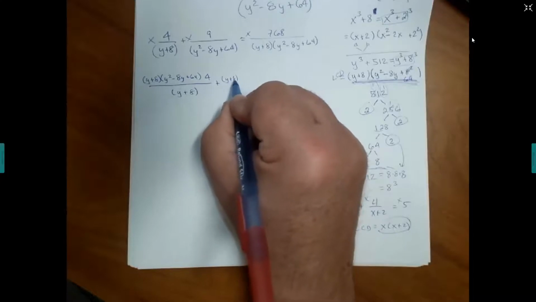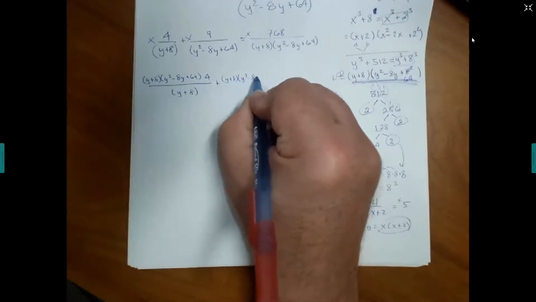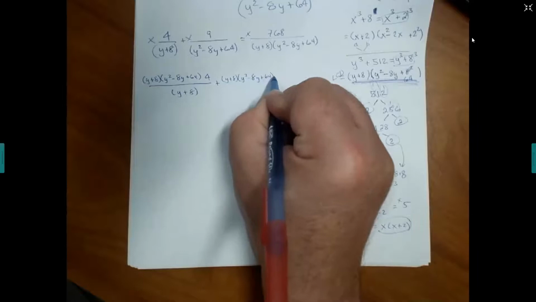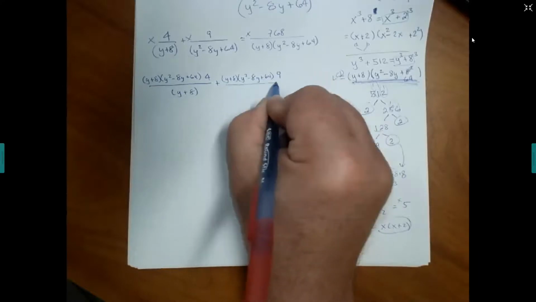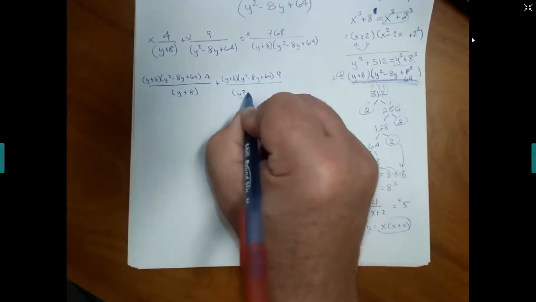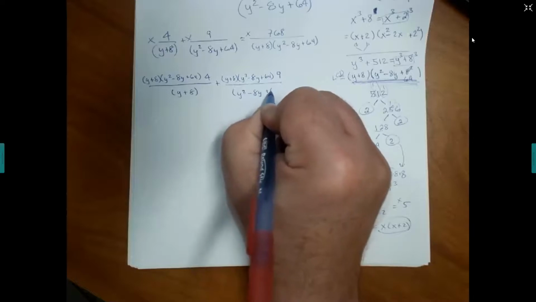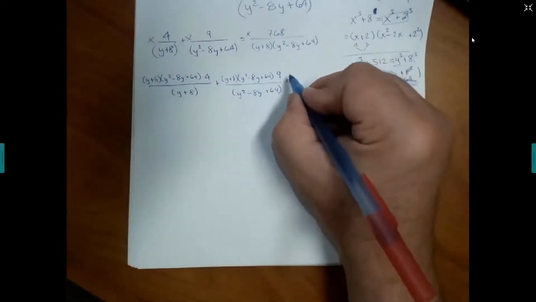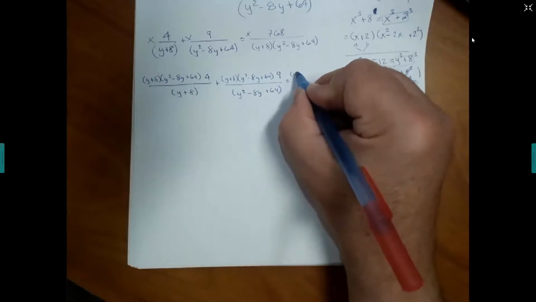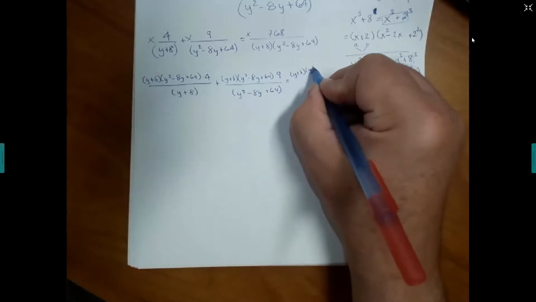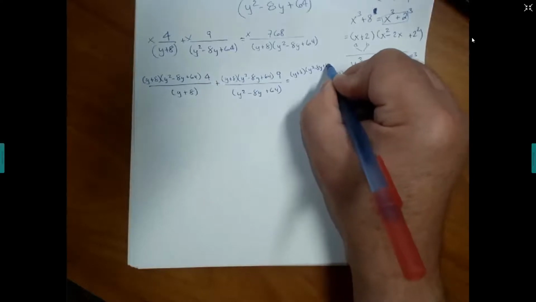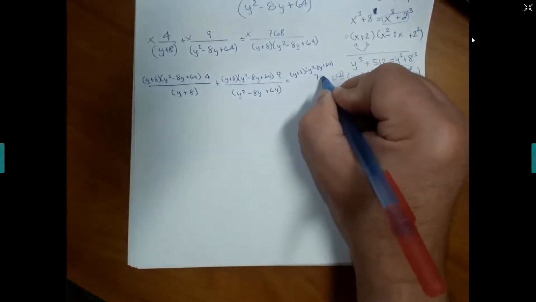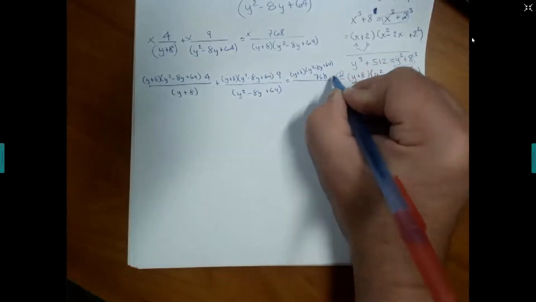Y plus 8, y squared minus 8y plus 64 times 9 over y squared minus 8y plus 64. Y plus 8, y squared minus 8y plus 64 times 768.